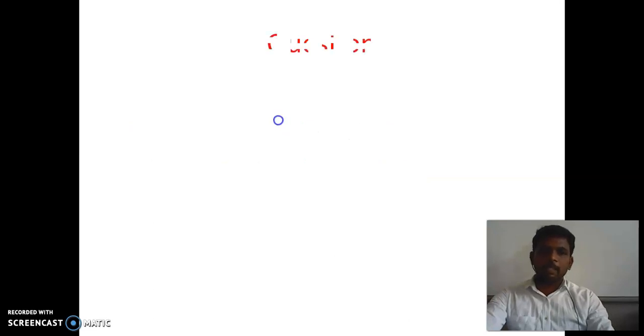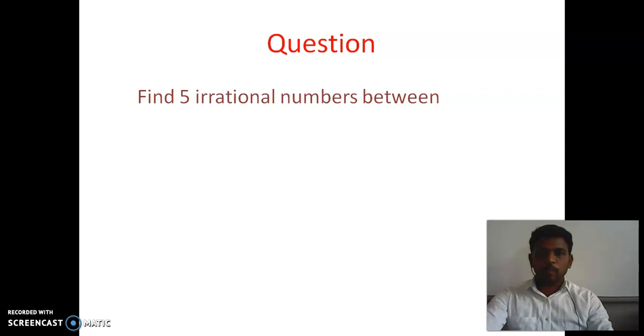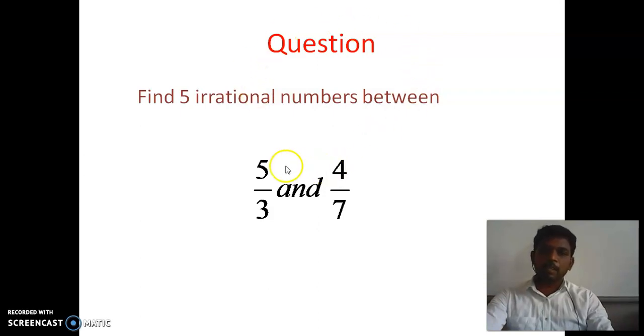Let us see with an example. Find 5 irrational numbers between 5 by 3 and 4 by 7. Rational numbers we already know. How can you find rational numbers? First you have to check whether the denominators are the same or not.